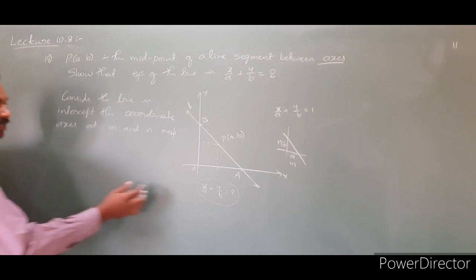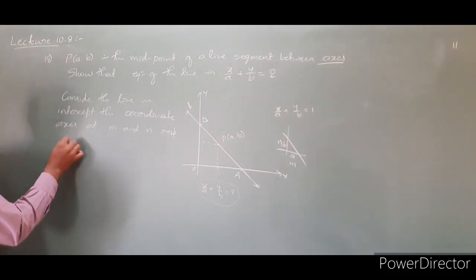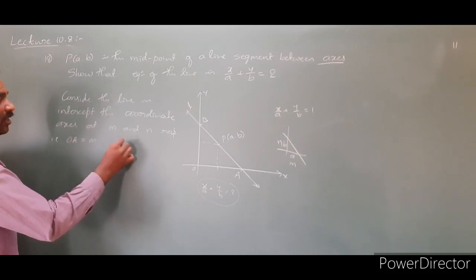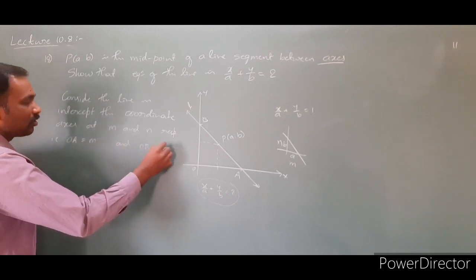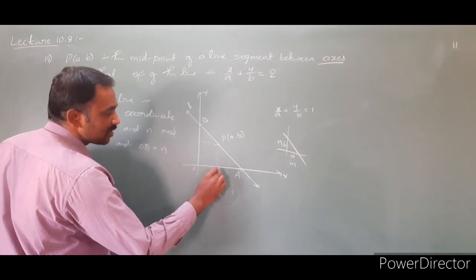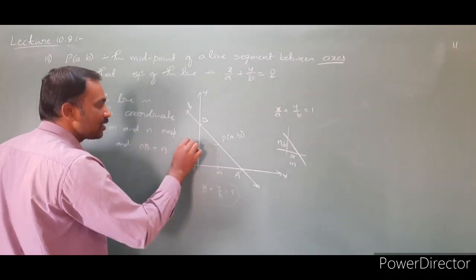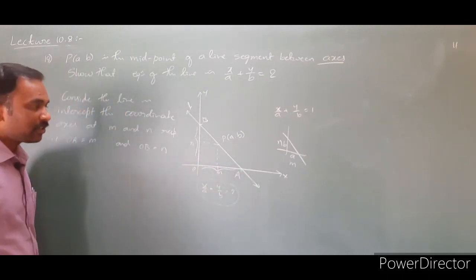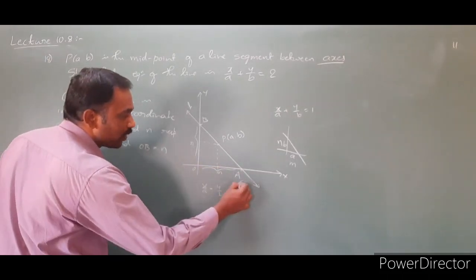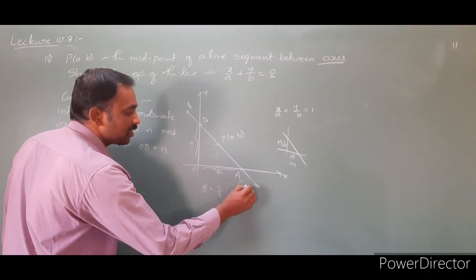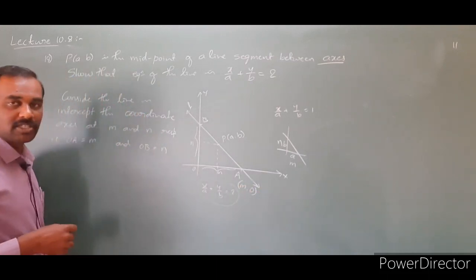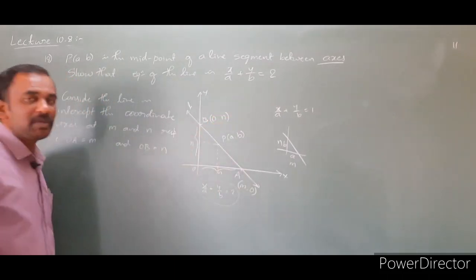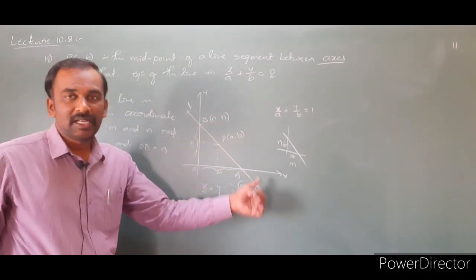That is, OA is equal to m and OB is equal to n. If it is an m distance, the coordinate of point A will be m comma 0. And if it is an n distance, the coordinate of point B will be 0 comma n.